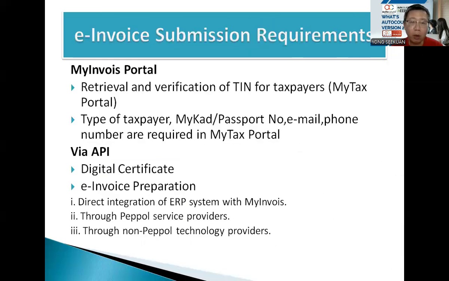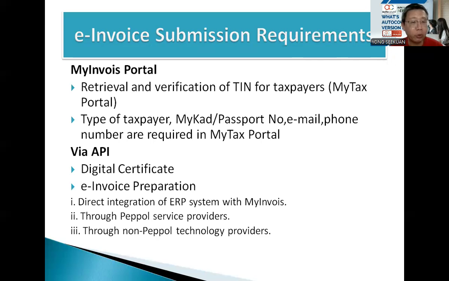So basically, we submit our e-invoice. We have two methods of submission. First is the MyInvois portal. It means the government will provide one website for you to use for free, so you can issue your e-invoice in the MyInvois portal. Secondly is the API.